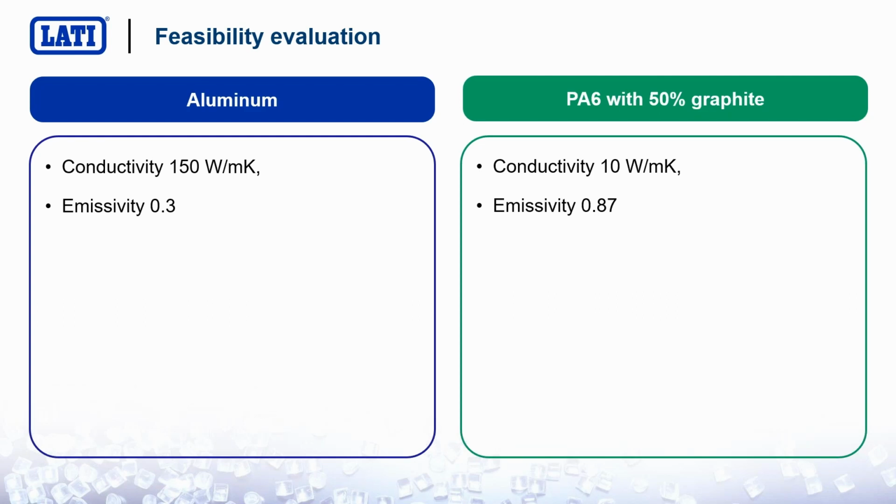For aluminum, we have a value of 150 watt over meter Kelvin, while for one among our highest performing compounds, this polyamide with 50% of graphite, the average conductivity is 10 watt over meter Kelvin, so an order of magnitude lower.